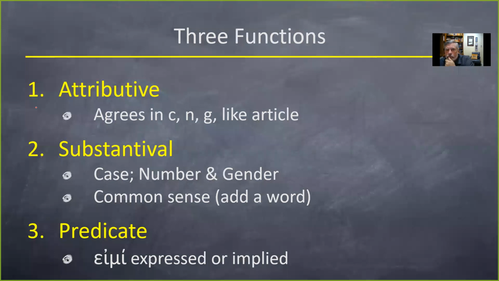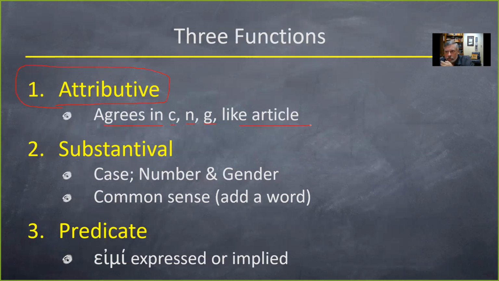And so, as we mentioned, there are three functions with the adjective. The first one that's most common is called the attributive function. The adjective will agree with the noun it's modifying with case, number, and gender. So if the noun is in the nominative case, masculine, and singular, then the article, or excuse me, the adjective is going to be in the nominative singular masculine.